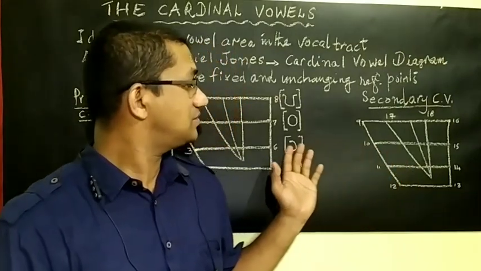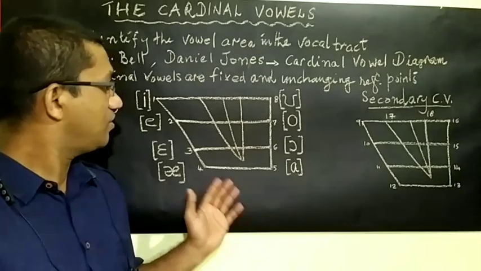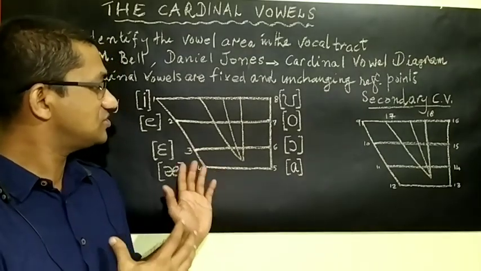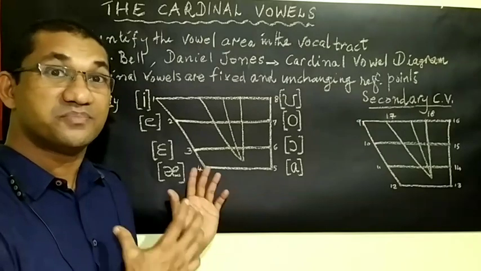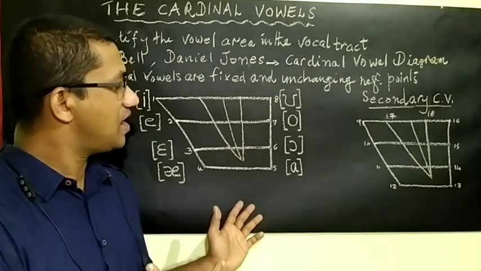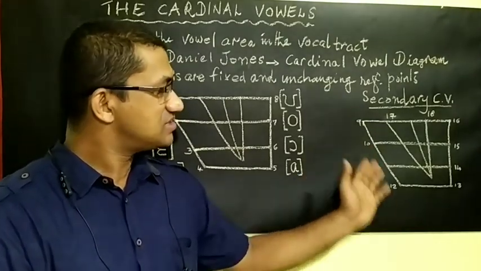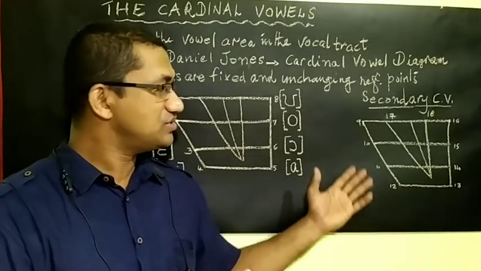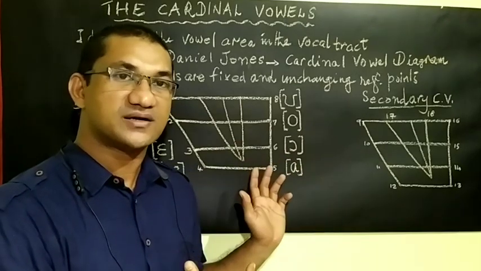So when we look at the board, we can see two charts here. One is, of course, the chart with the cardinal vowels, say the primary cardinal vowels, and the second is the chart with certain numbers. We will come to the second chart after understanding the first chart.